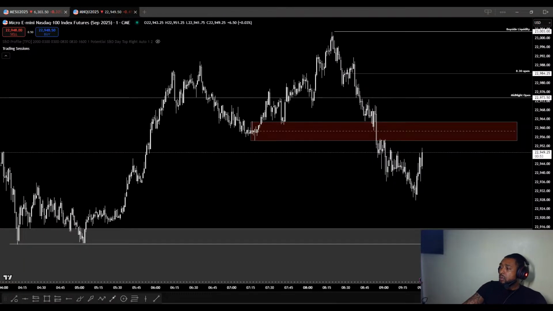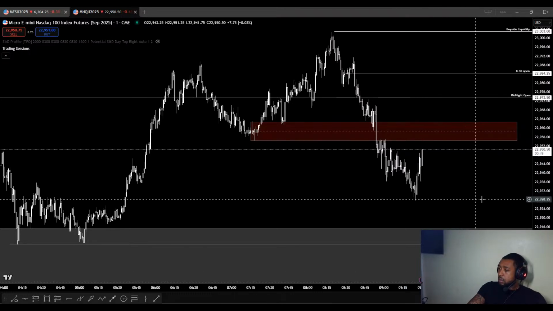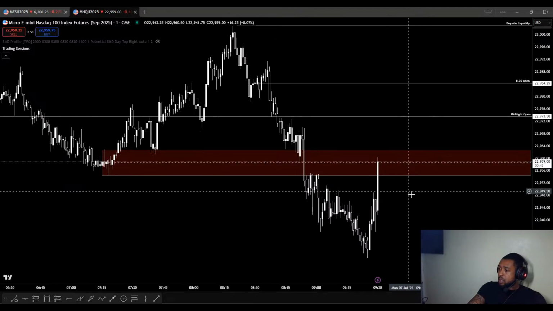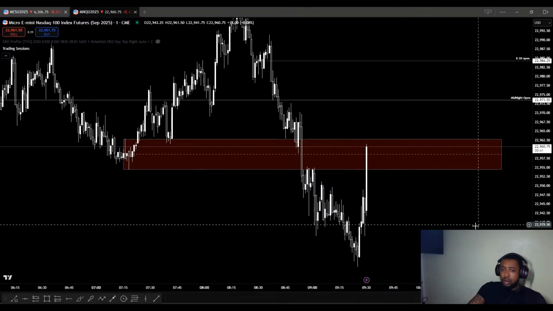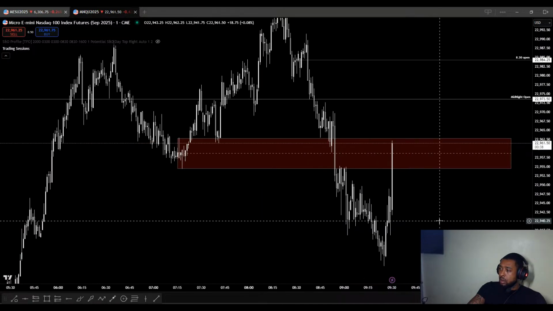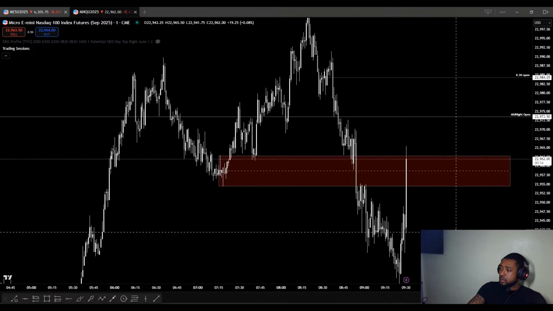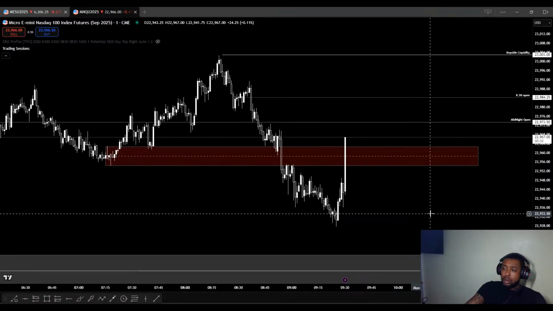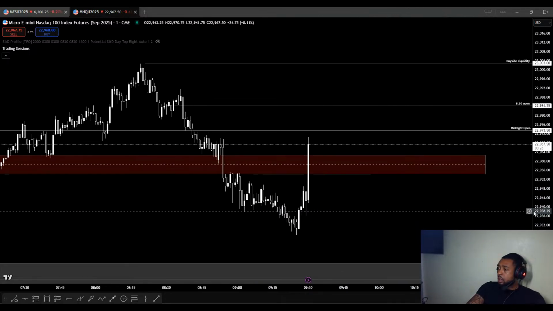Okay, we got a quick move up. Tap into the zone. Let's see what happens. Oh man, that's a crazy retracement. So you see market open.